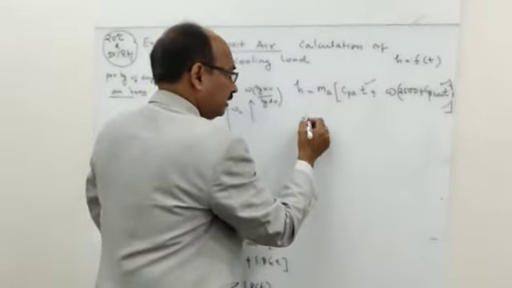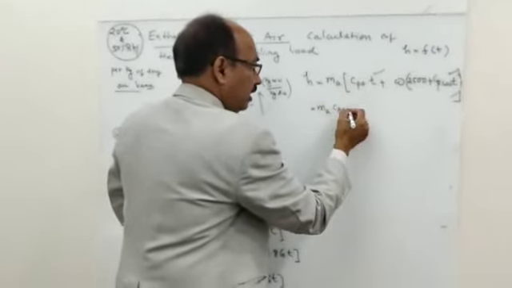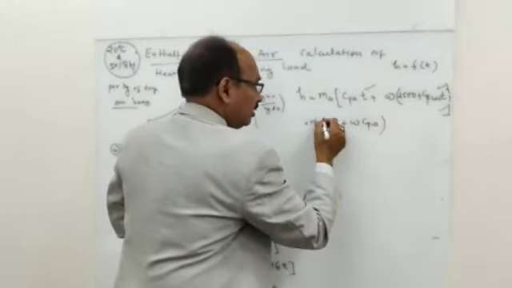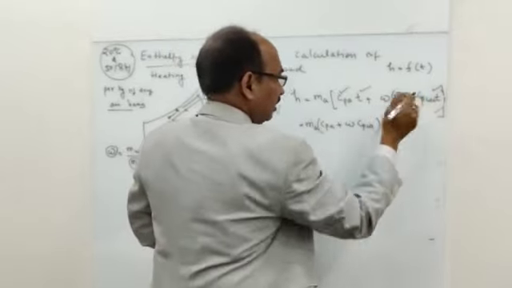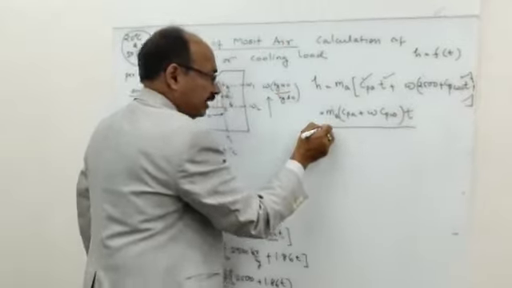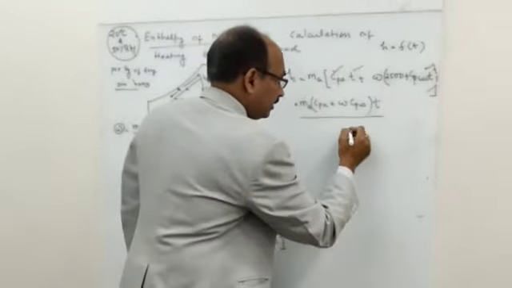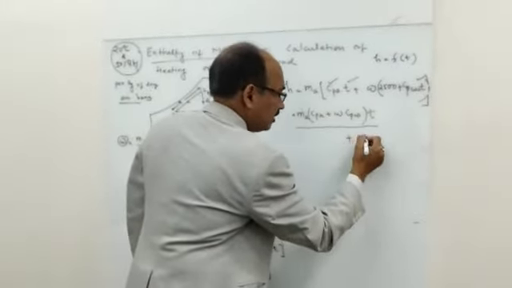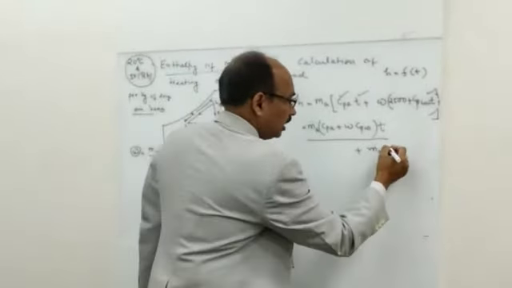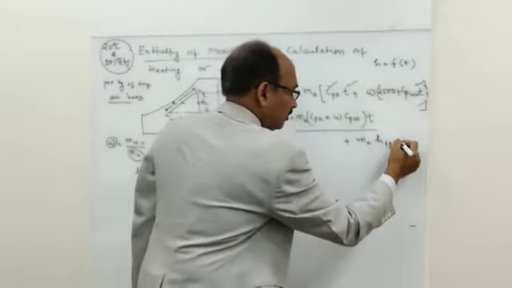So we can write this as mass of airflow into Cpa plus omega Cp of water, this term and this term, and both are multiplied by T. So this is the sensible heat part of the enthalpy plus mass of air flow rate into HFGO into omega.